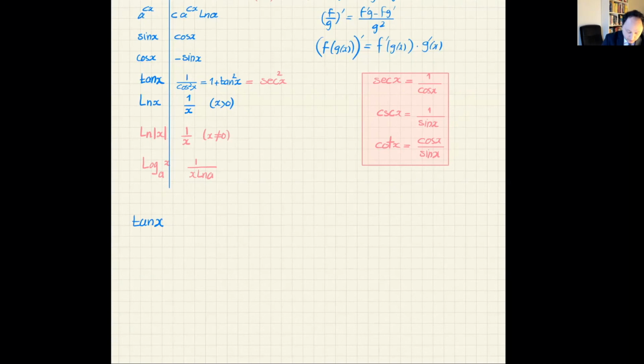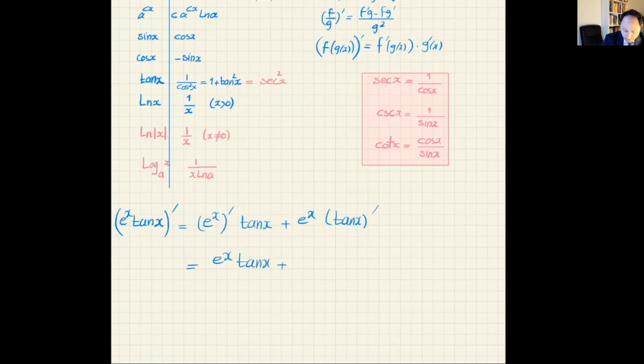Let me write e to power x on the left, and I want to differentiate it. What I need to do is write the derivative of the first one multiplied by the second one itself, plus, because that's a product, the first one multiplied by the derivative of the second one. The derivative of e to power x is simply e to power x itself, and the derivative of tangent, we just learned, is 1 over cosine squared x. And that is the end of this lesson.